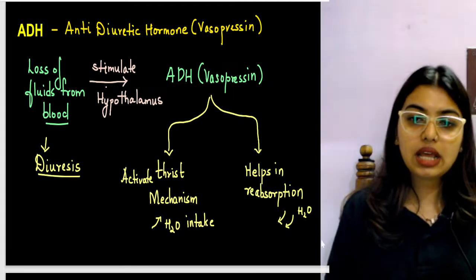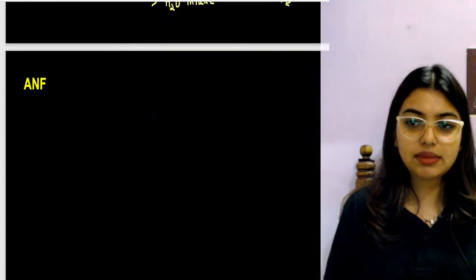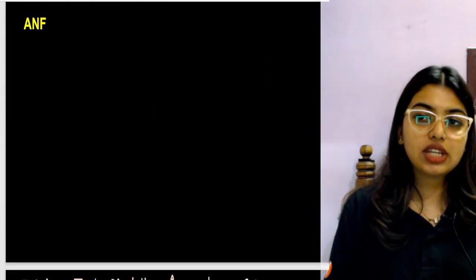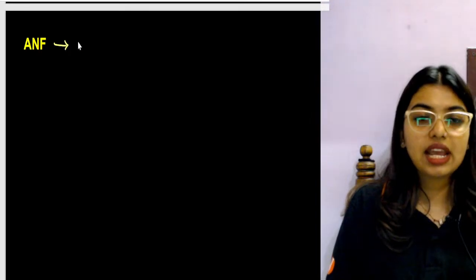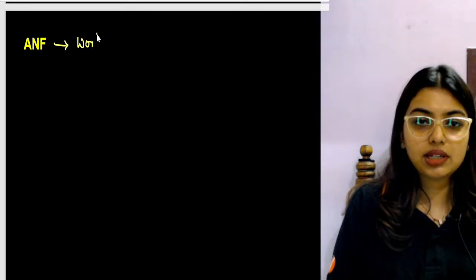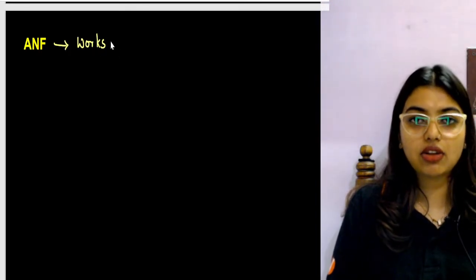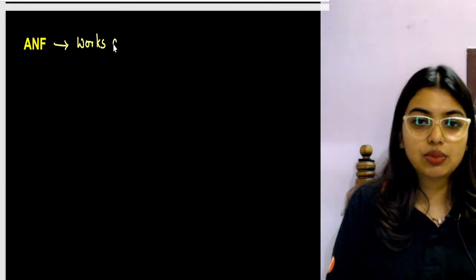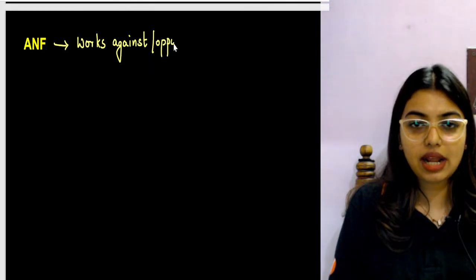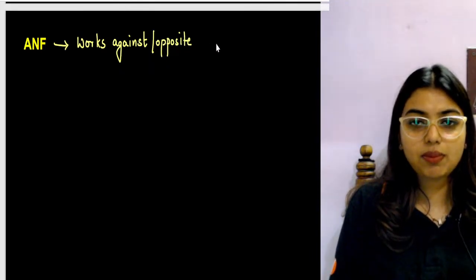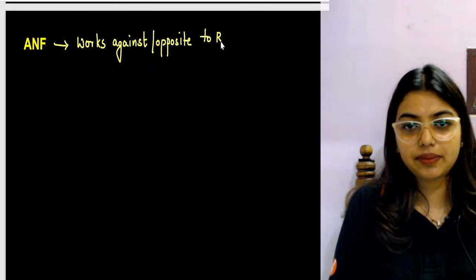Understood? Then the last mechanism is the ANF mechanism. Students, actually the ANF mechanism works against the RAS mechanism. Yes, you heard me right. It works antagonistic, or opposite, to the RAS mechanism.